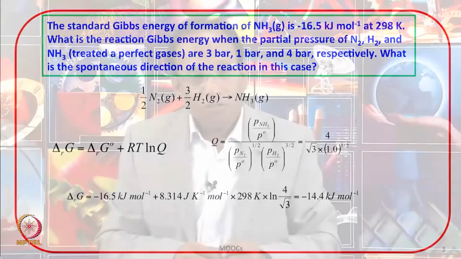See, delta R G, reaction Gibbs energy, is turning out to be negative. Reaction Gibbs energy is actually the slope of Gibbs energy against the extent of reaction. And if the slope is negative, that means the reaction in the forward direction is spontaneous.